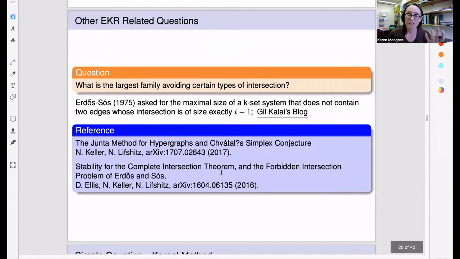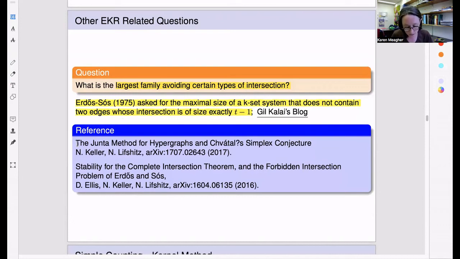We can also look for the largest family avoiding certain types of intersection. Erdős in 1975 asked for the largest collection of k-sets so that they never contain two elements that intersect in t-1 elements. So they're forbidding a certain type of intersection. There's a link here to Gil Kalai's blog where you can get more information.